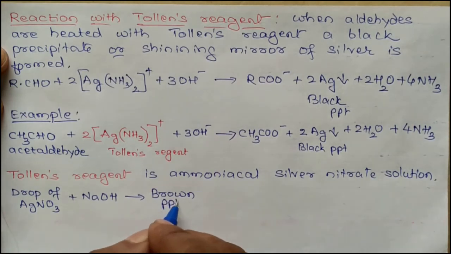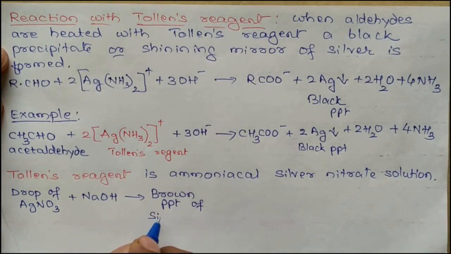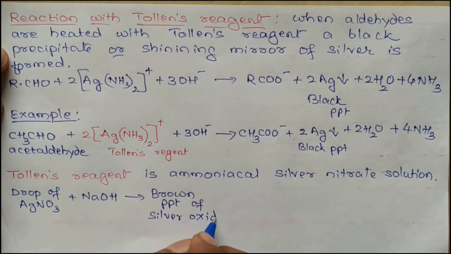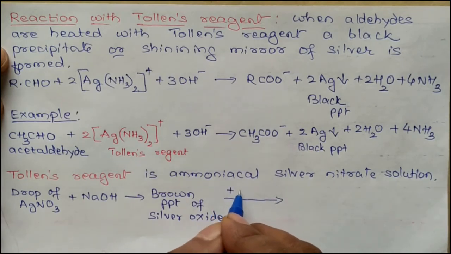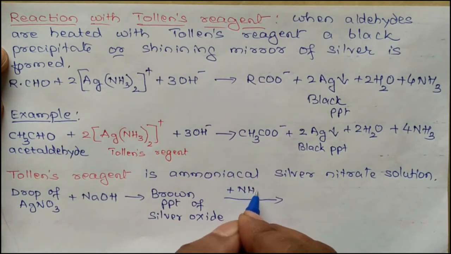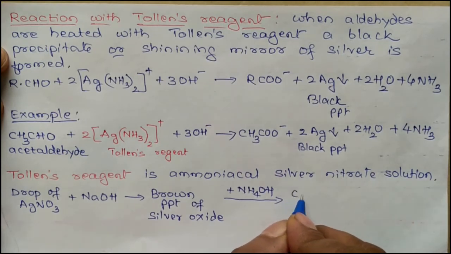The brown colored precipitate is due to the formation of silver oxide, which is dissolved in ammonium hydroxide. You are going to get a clear solution.